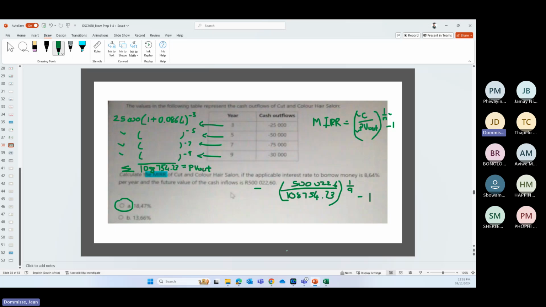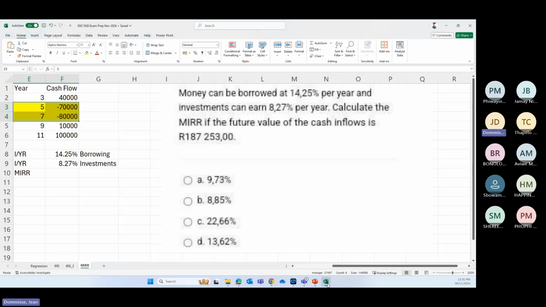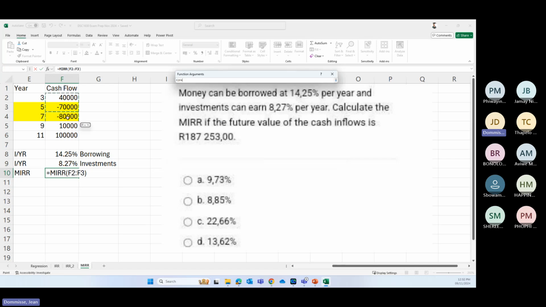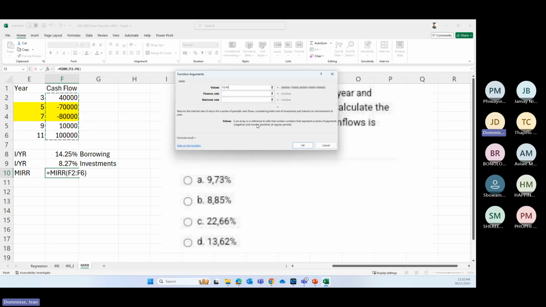So I now want to see if by giving us those cash flows, the positive inflows, all that information, we actually can get to an answer from Excel. So the values, and I am going to put in zeros probably. The finance rate, that was the borrowing rate. The reinvestment rate was that.